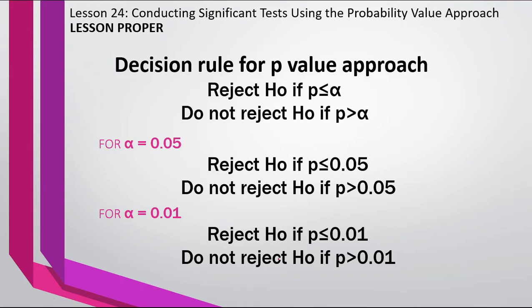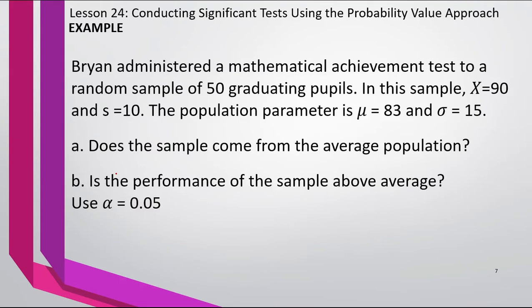We reject the null hypothesis if the p-value is less than or equal to 0.01. Then we do not reject, or we accept the null hypothesis, if the p-value is greater than 0.01. Again, this is for when alpha is equal to 0.01. Kuha ba? Okay, good.